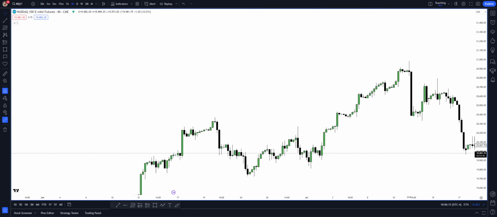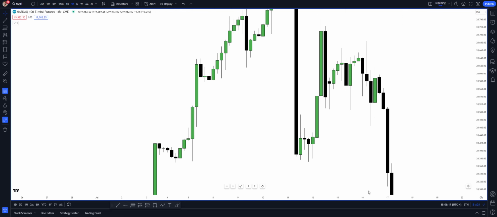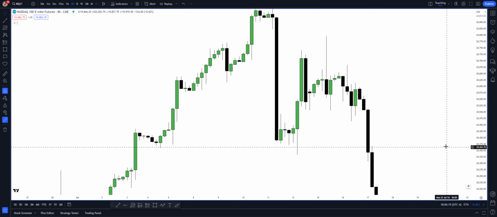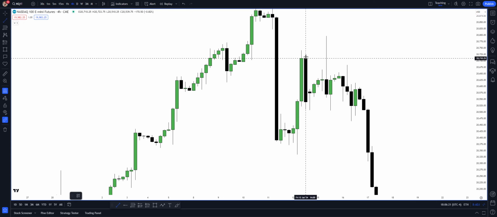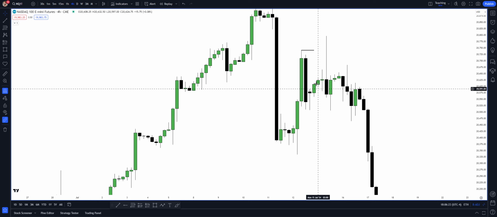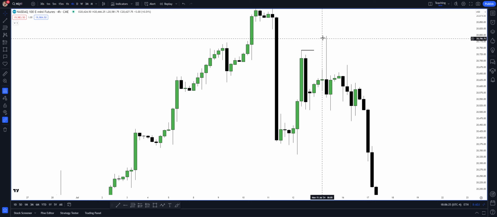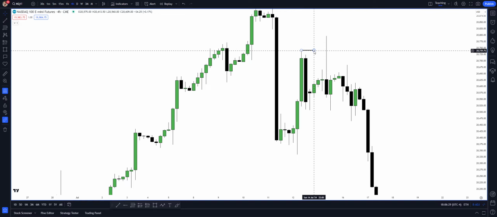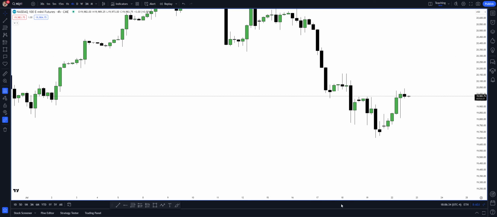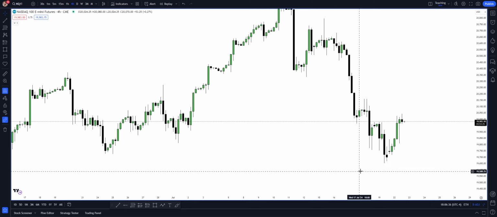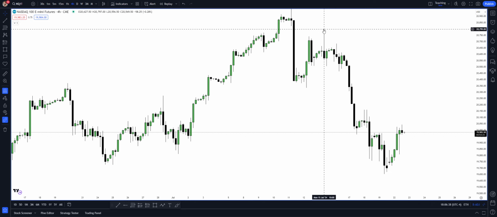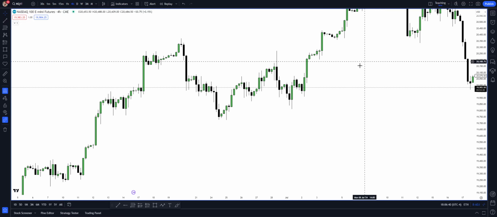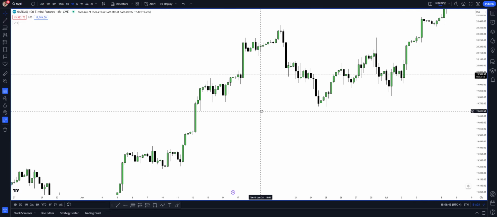Like here, is it a good example though? There's no manipulation right above the OB. What it does is go for the high, the one set out for life. If it had manipulated above it, we wouldn't have had that rally. So let me find another example.